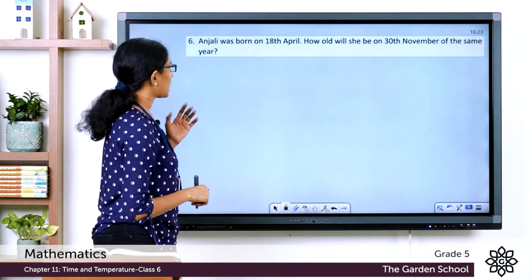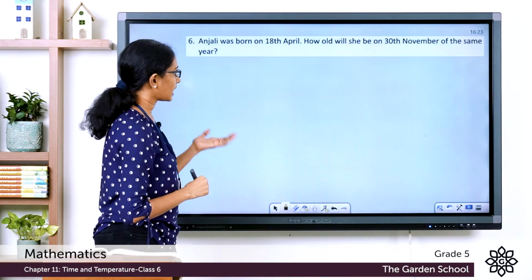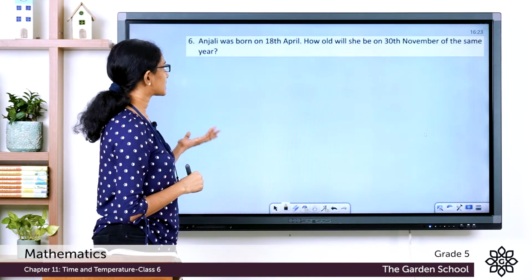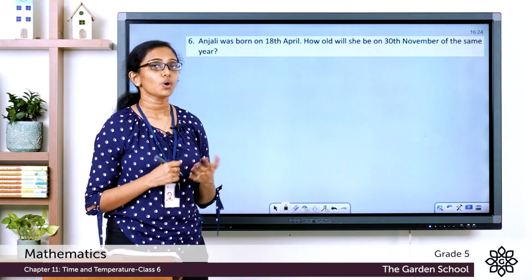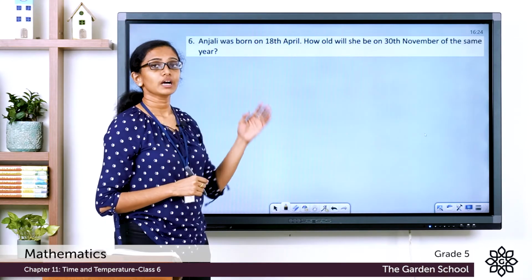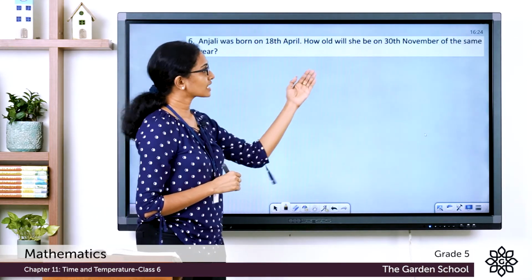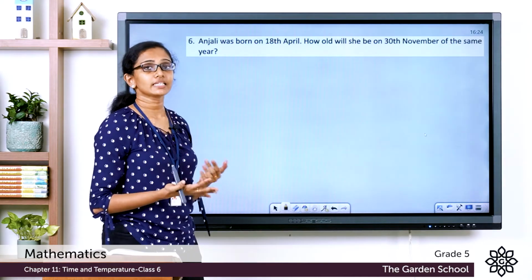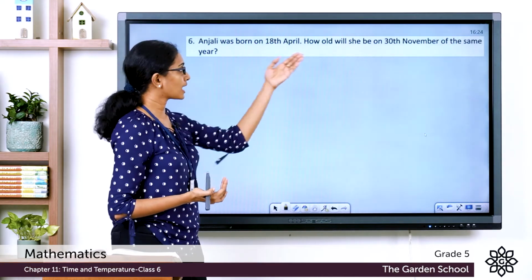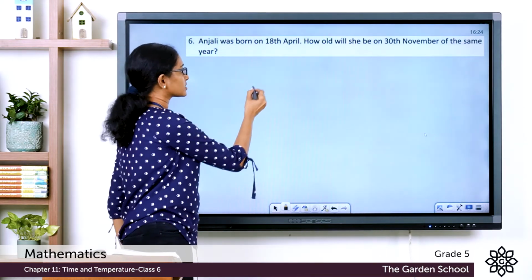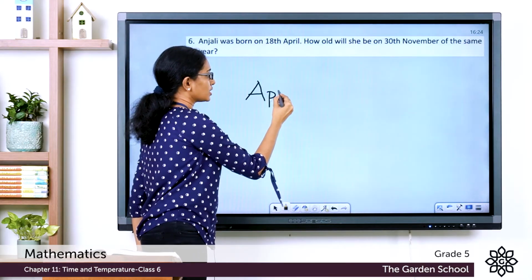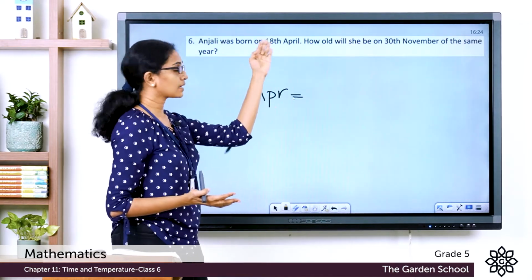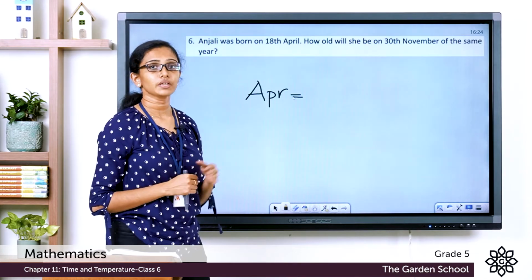Now the next one. Anjali was born on 18th April. How old will she be on 30th November of the same year? So we have to find out the number of days from the 18th of April to the 30th of November the same year. So for that we need to know how many days are there in each month between April and November. So April has got a total number of days equal to 30, and how many days are there from 18th April to 30th April?